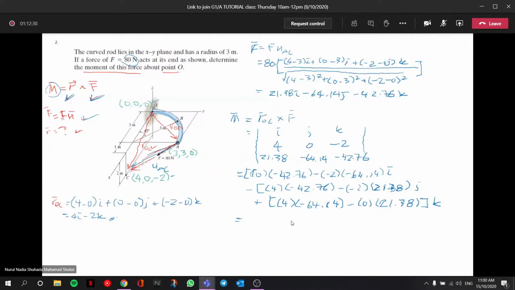When you are solving the matrix, please be careful with this part. For J, this one should always be negative. It is positive I, negative J, positive K. So you have to be careful at this part. It should always be negative.